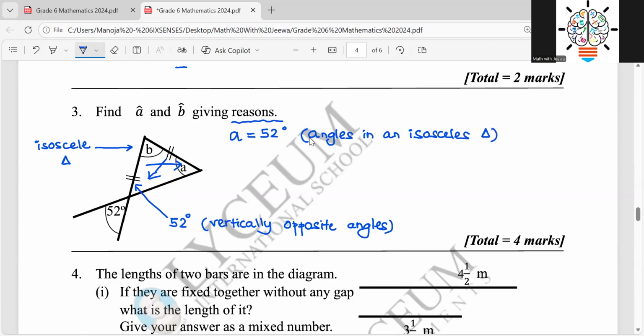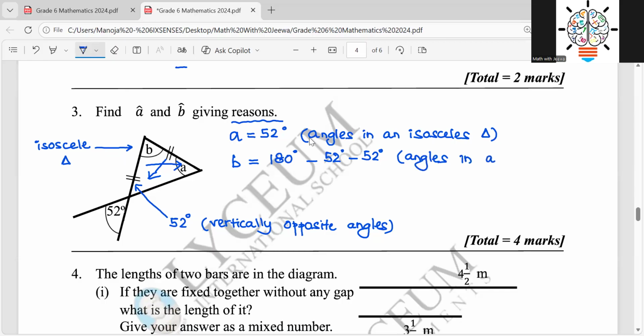right? So then you want to find B. You can write B is equal to 180 minus 52 minus 52. How do I get this? I know angles in a triangle add up to 180.